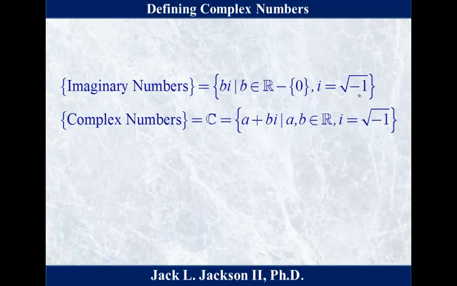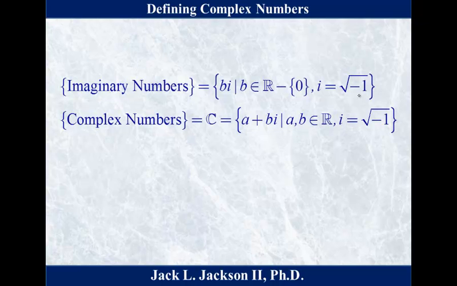And complex numbers then are indicated by this blackboard boldface C there, or the open face C. That is numbers of the form a plus bi, where a and b are real numbers, including the possibility of 0 now, because if a and b are both 0, then you get 0, which is a complex number.